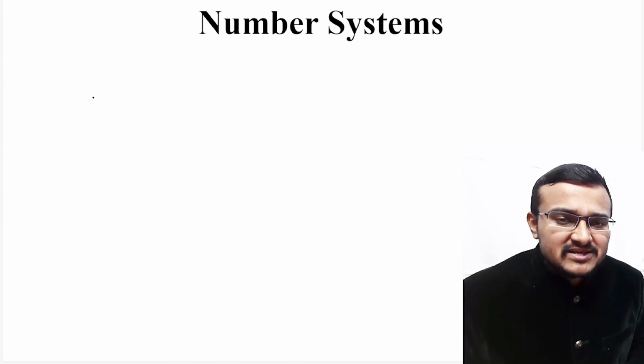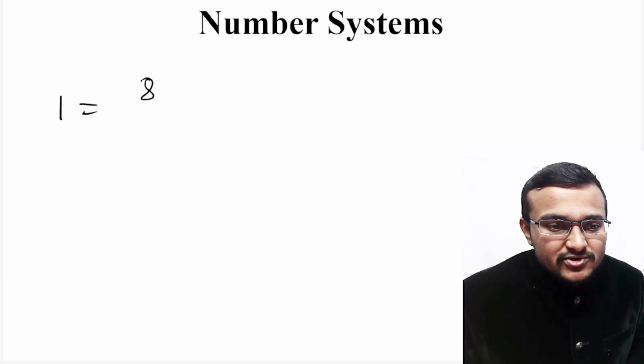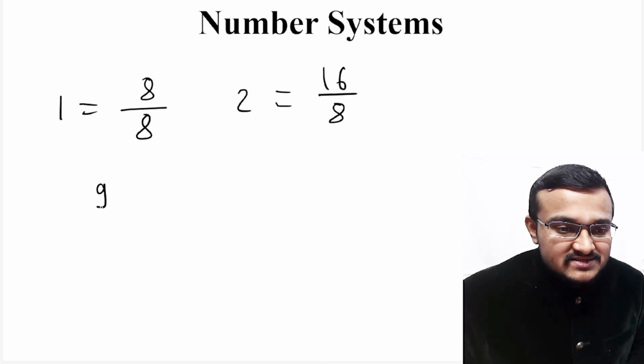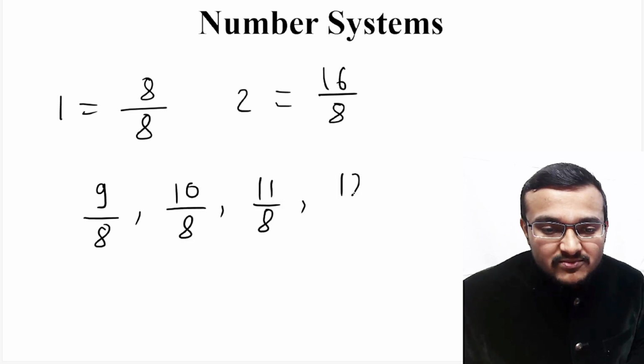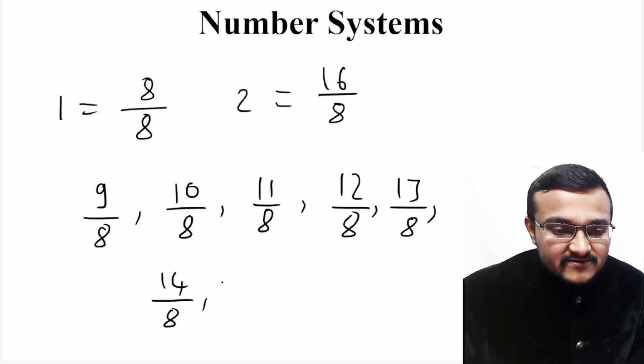For example, in the place of 6, if I take 8, then 1 is equal to 8 by 8 and 2 is equal to 16 by 8. So again here you can see 9 by 8, you can take 10 by 8, 11 by 8, 12 by 8, 13 by 8, 14 by 8, 15 by 8.